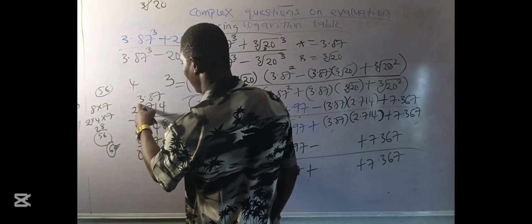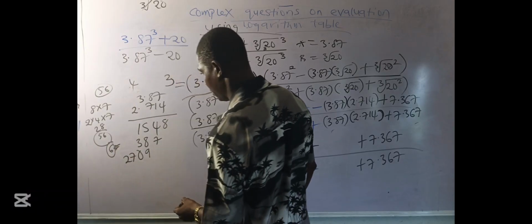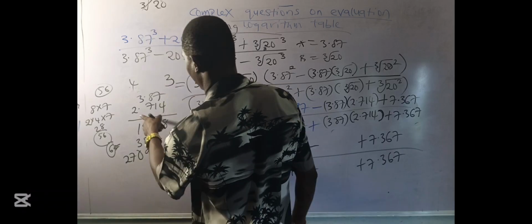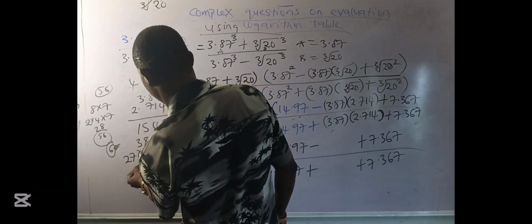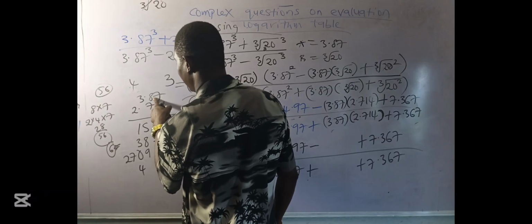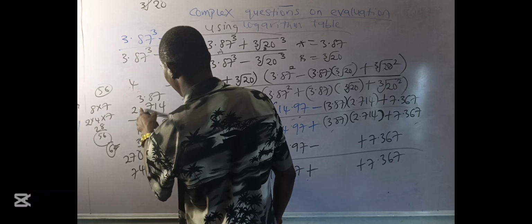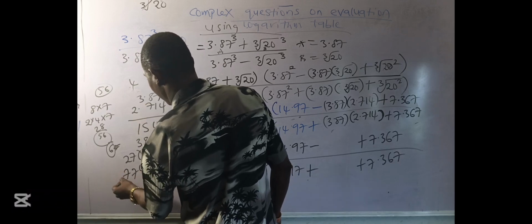7 times 3, 21. 21 plus 6, 27. Then 2 times 7, 14. 4 carry 1. 2 times 8, 16 plus 1, 17. 7 carry 1. 2 times 3, 6 plus 1, 7.